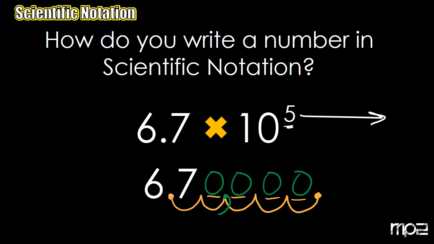And so you can see here, all I did was I took the first part that's between 1 and 10, and my power of 10 just told me that I'm moving the decimal 5 place values to the right because it's a positive number. The positive numbers on the number line are going to the right.